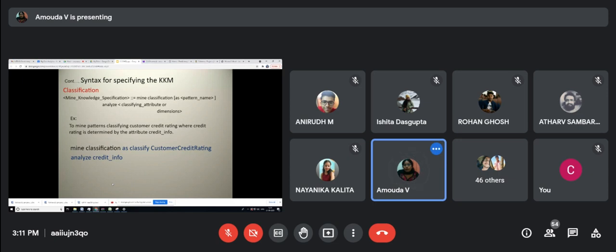Fourth one is classification. You classify the item, give it in this pattern name, and analyze the classifying attribute. If you use a data warehouse, it is a dimension. If you use a database, this is the attribute. If you use a data warehouse instead of a database, you have to use dimension. That's all. This is the standard format.